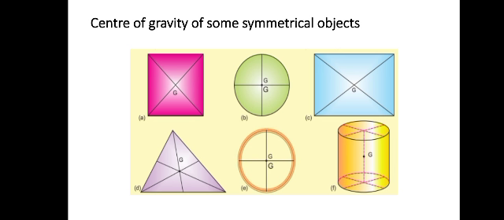Now there are some more symmetrical objects. How can you identify their center of gravity? Remember that all of these are regularly shaped objects. In figure A, a uniform square, or in figure B, a rectangular sheet, you can find the center of gravity by a simple process.